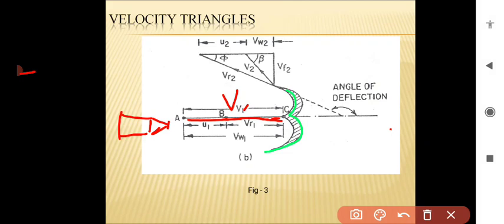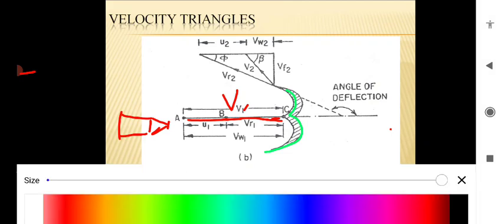Here observe that one more line is there, the blue line.